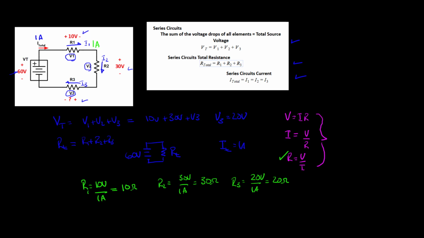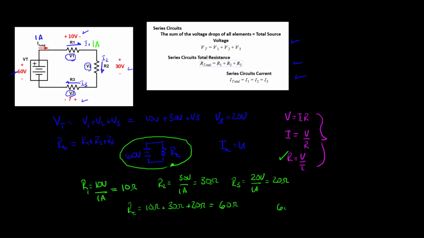This thus allows me to solve for R total. R total is going to be equal to 10 ohms of R1 plus 30 ohms of R2 plus 20 ohms of R3. Adding all those together, I get 60 ohms. Now I can check this. If I use this model, I can double check what my total current would be.